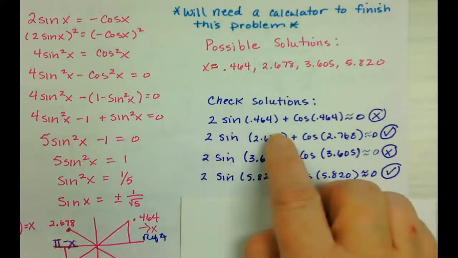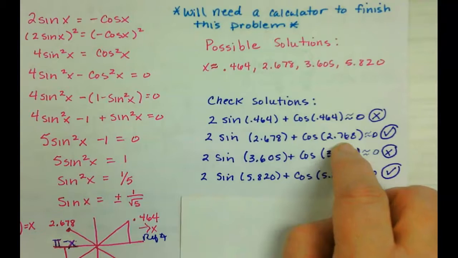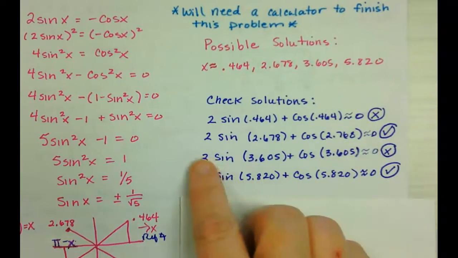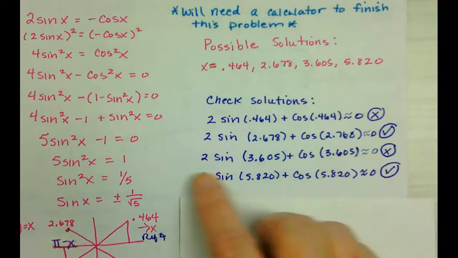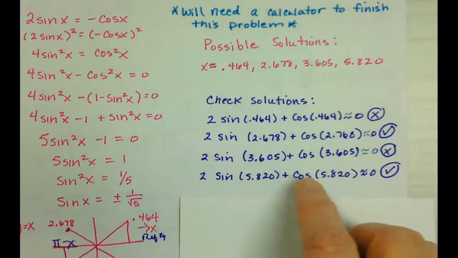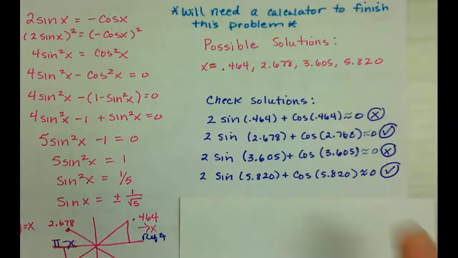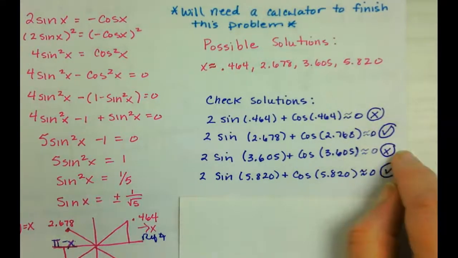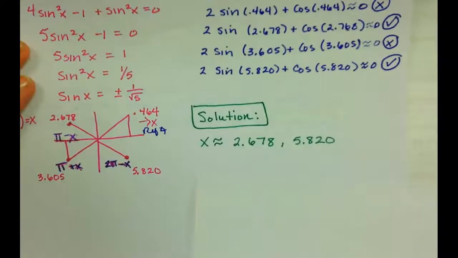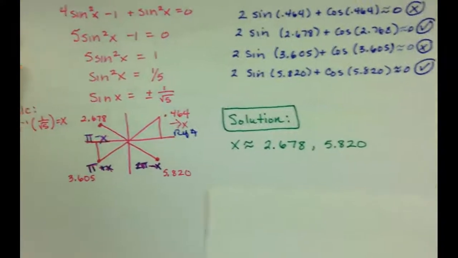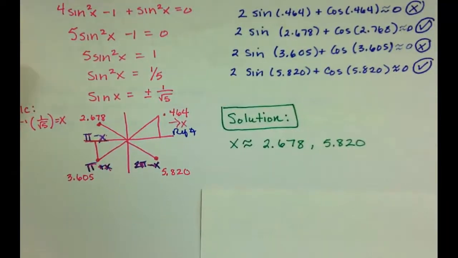And then I did the same for the next ones, 2 sine, grab my number, plus cosine, grab my number, see if it's 0. And so when I calculated these on my calculator, this one was not 0, this one was not 0, so that left me with these two as my actual solutions out of my 4 possible, and that's what I write down as my final solutions. So hopefully that kind of helps in the checking. But use the calculator. That's the whole point of that calculator question.